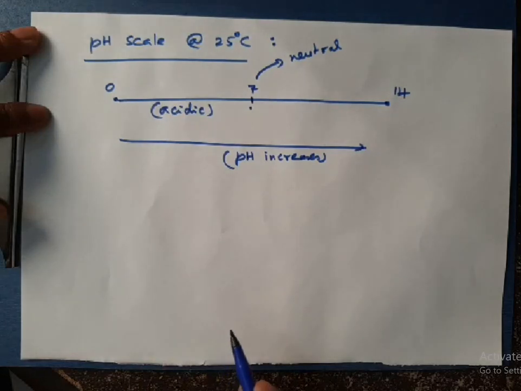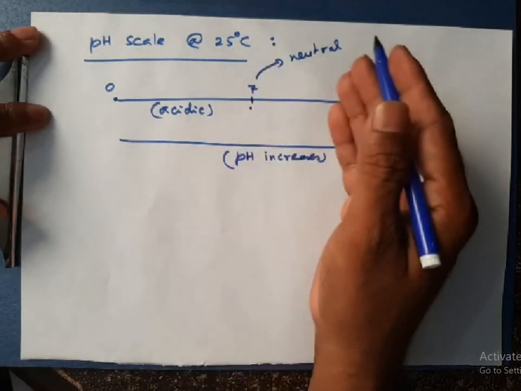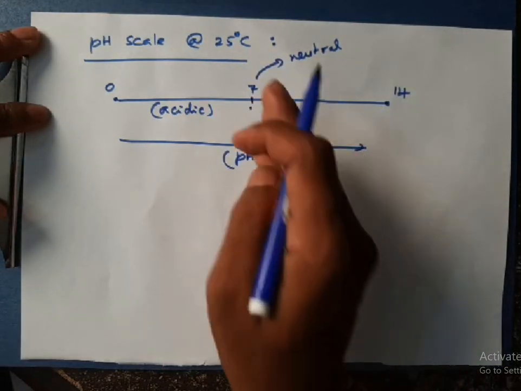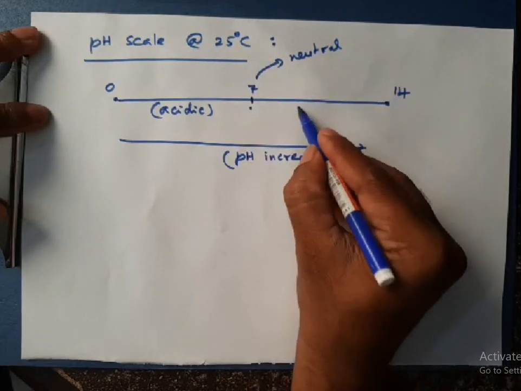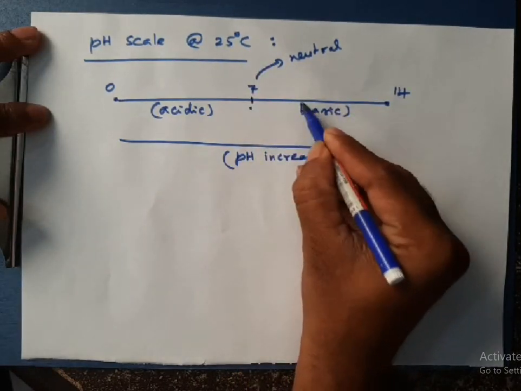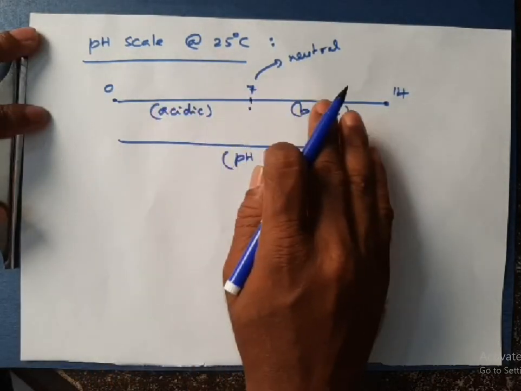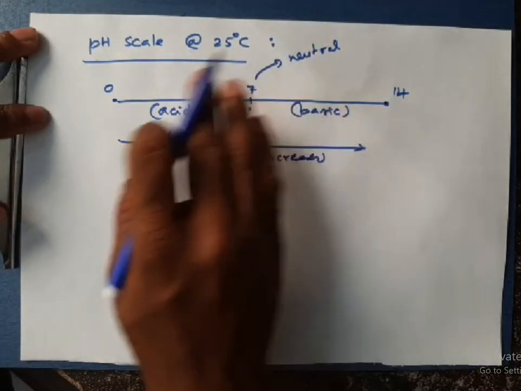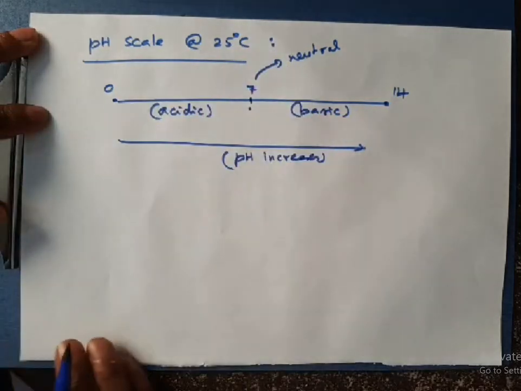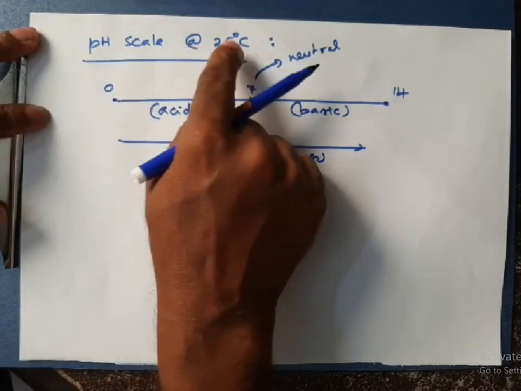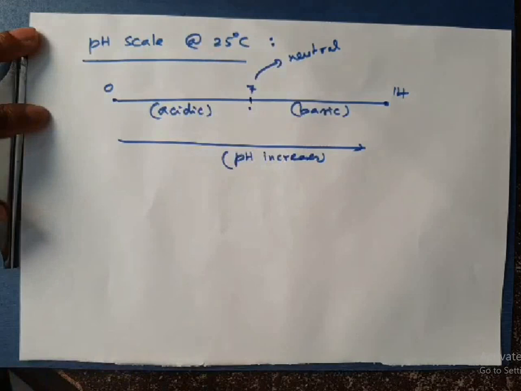If the pH value is above 7, between 7 and 14, then the solution is called a basic solution. So whether a solution is acidic, basic or neutral, that all depends on the value of pH. And remember, the value of pH depends on temperature.